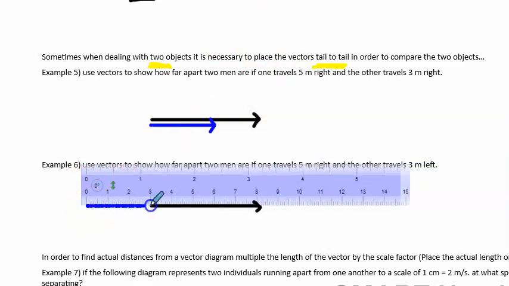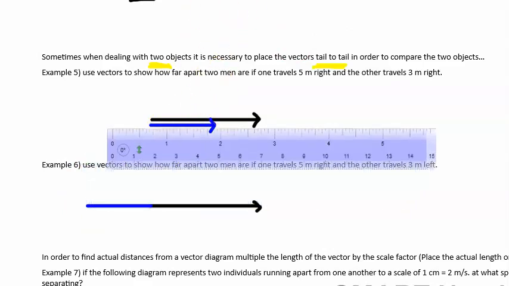Again, we're using the same scale as before, and so it would look like this. Notice we do have the same spot and we're adding them tail to tail. Again, that is because we have two different objects, not the same object.